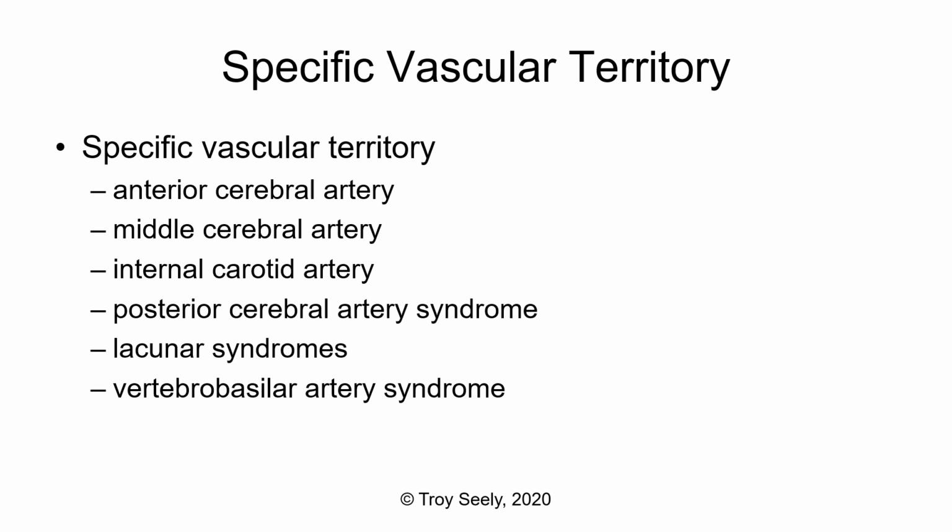Depending on where you are in the brain, you'll have different signs and symptoms. Today we're going to be talking about the anterior cerebral artery and the middle cerebral artery. Looking lower down, such as the posterior cerebral artery syndrome and lacunar syndromes, is going to be coming up next week. For now, we're going to be looking at two different categories of vascular territory that can be involved: anterior and middle cerebral artery.